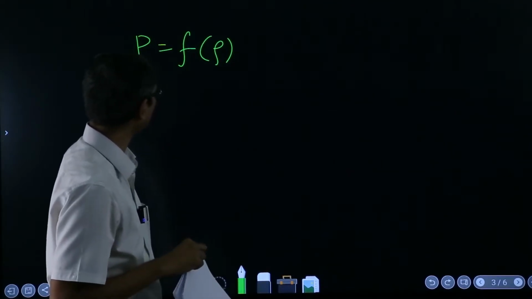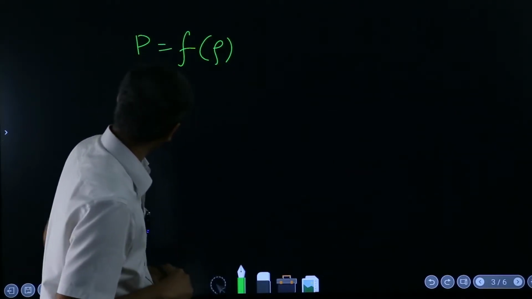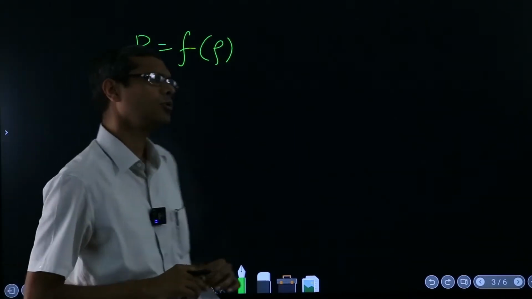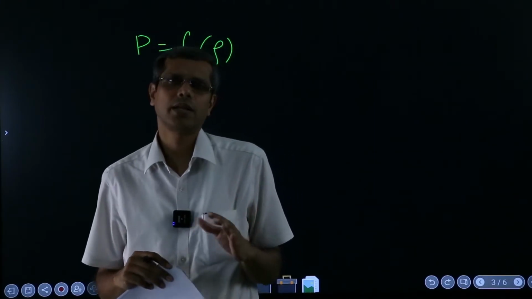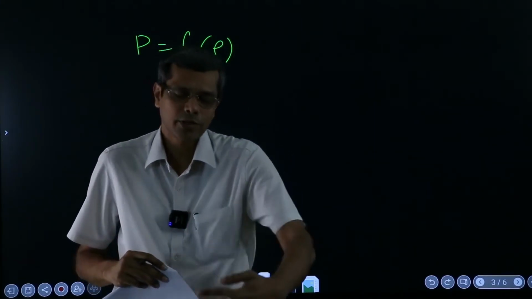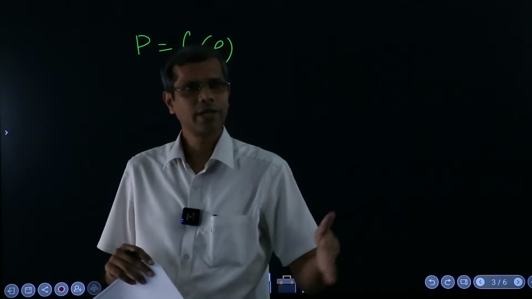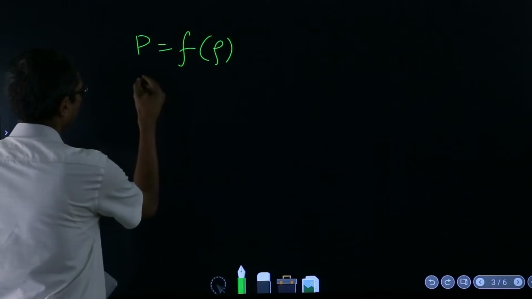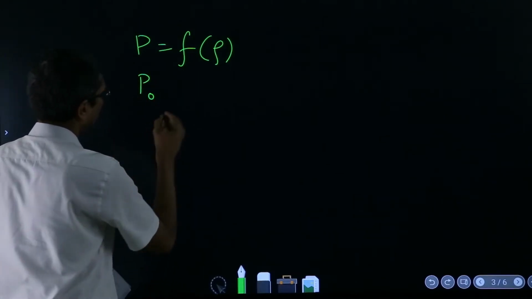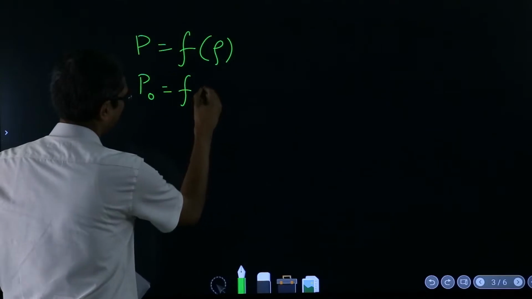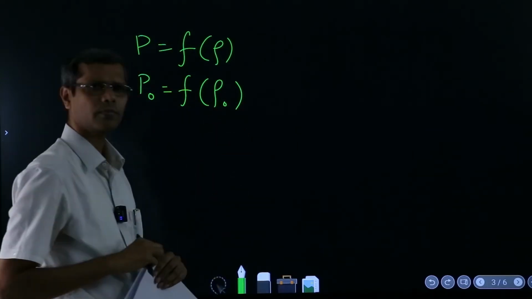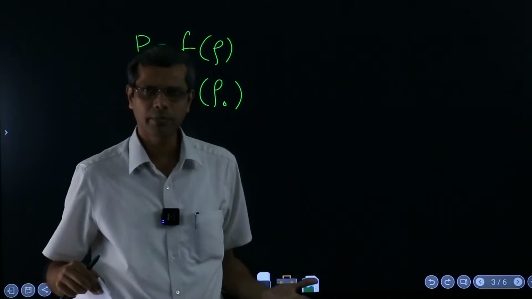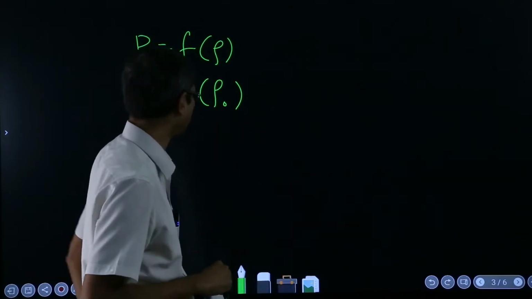And suppose we think about the condition where the table was not moved, that means the sound wave had not reached. Okay, so at that place, P naught is equal to F of rho naught, right? So the same function, so the equilibrium density is rho naught, the equilibrium pressure is P naught.